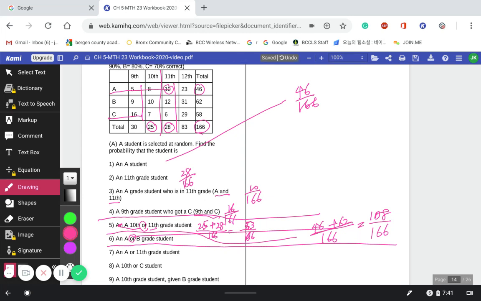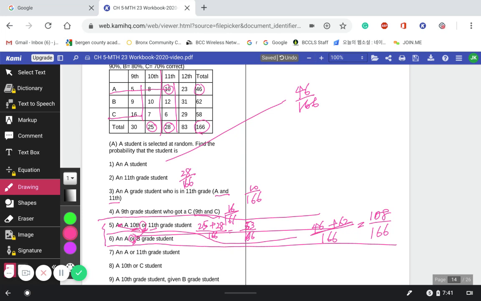So even though you use "or", 5 and 6 are mutually exclusive, because if you get an A grade, you cannot get a B grade. If you get a B grade, you cannot get an A grade. They are totally different, so they don't have anything in common. Same as number 5. If you're in 10th grade, you cannot be in 11th grade.